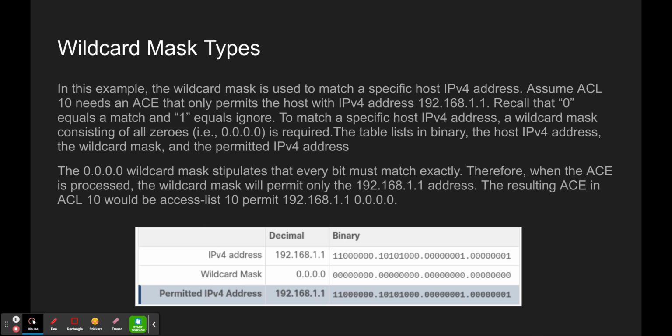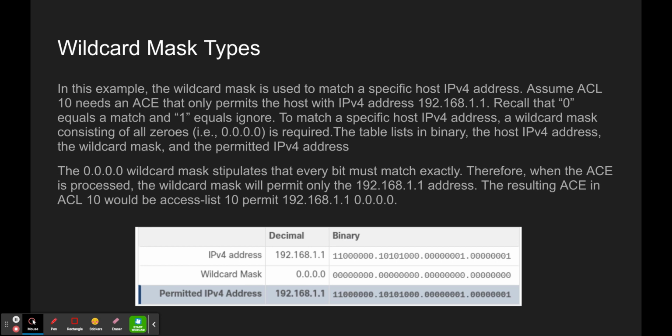Wildcard mask types. In this example, the wildcard mask is used to match a specific host IPv4 address. Assume ACL 10 needs an ACE that only permits the host with IPv4 address 192.168.1.1. Recall that 0 equals a match and 1 equals ignore. To match a specific host IPv4 address, a wildcard mask consisting of all zeros is required. The table lists in binary the host IPv4 address, the wildcard mask, and the permitted IPv4 address.